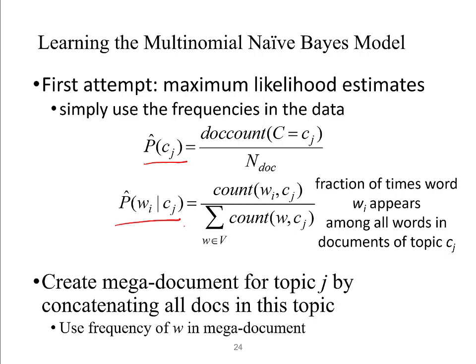The first attempt would be using MLE to estimate the probability. Before that, I want to say a little bit more about the multinomial naive Bayes model. Basically, if we are using bag of words, then the naive Bayes model is called a multinomial naive Bayes model.